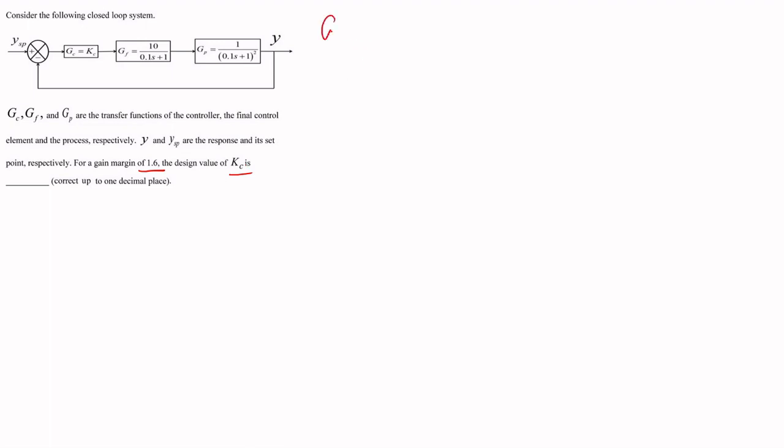So how do we define gain margin? We define gain margin as the inverse of the amplitude ratio at the phase crossover frequency. That is, gain margin is equal to 1 upon the amplitude ratio at omega equal to omega C0, where this is the phase crossover frequency.